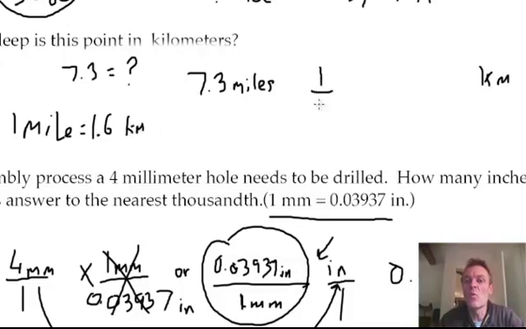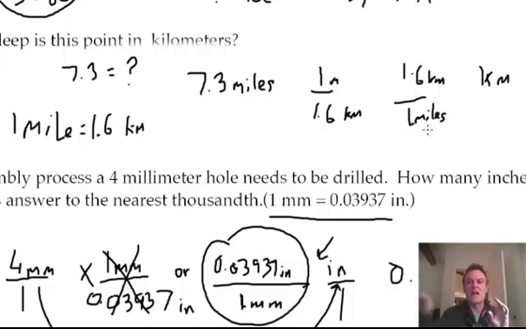So in other words, am I going to write it as 1 over 1.6, here's the kilometres, here's the miles, or 1.6 over 1, this is the kilometres, this is the miles? Now I've got 7.3 miles and I want to get to kilometres. I don't want the word miles anymore.